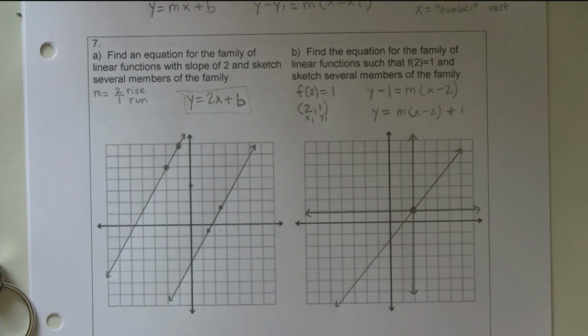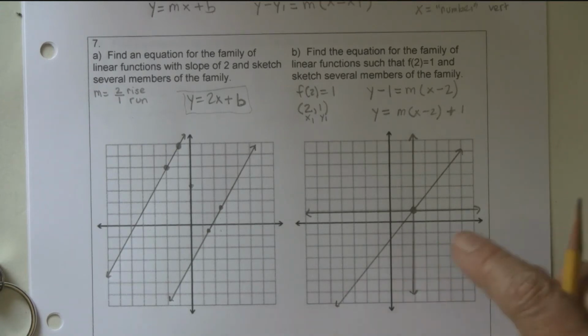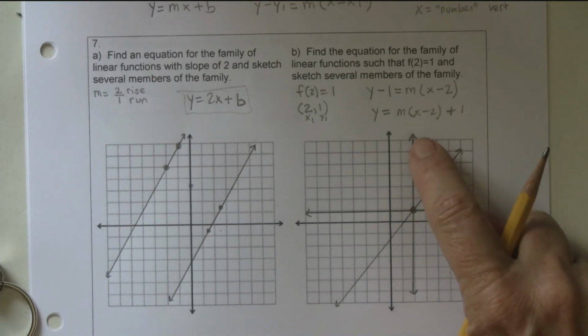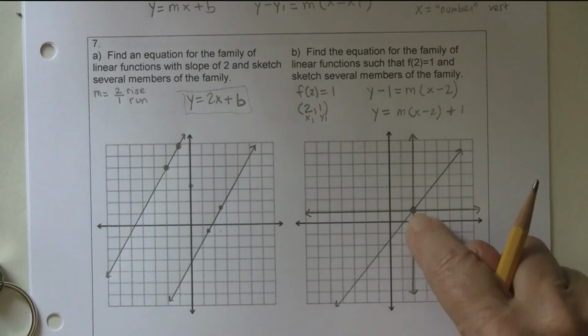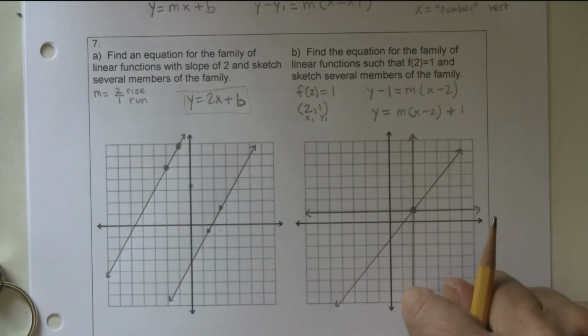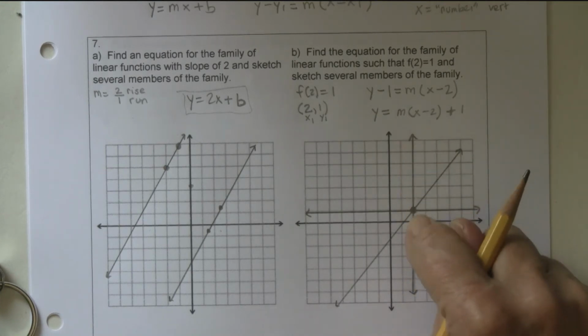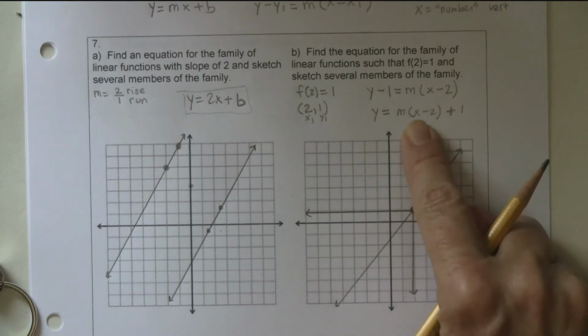If you say, well, I really wish that you would distribute the m, certainly that would work. Now I wanted to make sure: is this picking up this vertical line, and what kind of slope does a vertical line have?